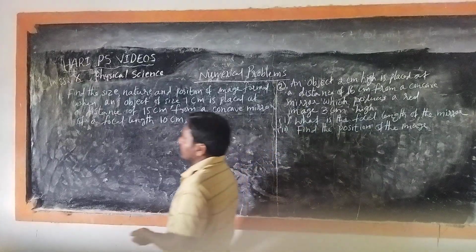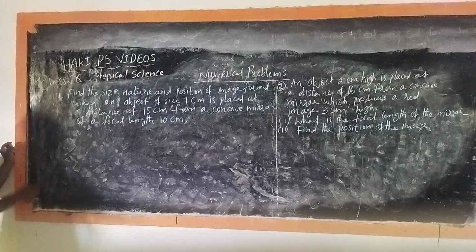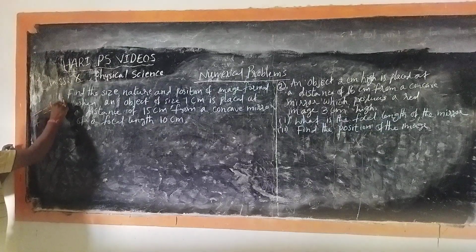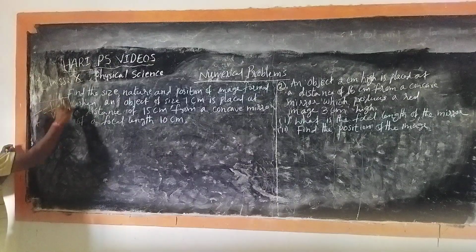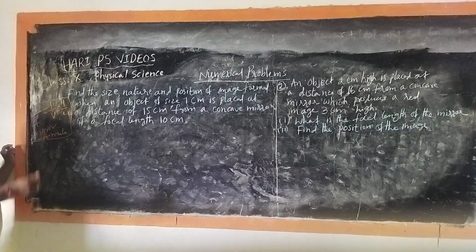Before that, let us write the formulas we have to use. Mirror formula: 1 by f equal to 1 by v plus 1 by u. Write them on the side of the paper, the side of the book.